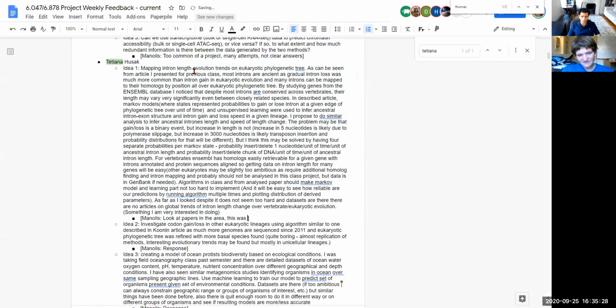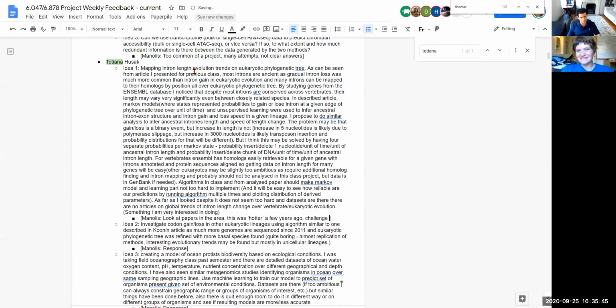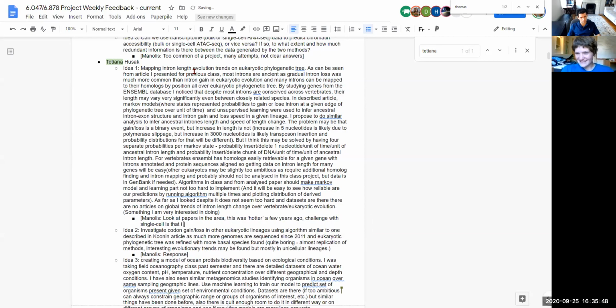This was hotter a few years ago. I didn't find any on intron length. I think there are pretty good ones on intron gain and loss, but not on intron length change. And most of them have a pretty narrow scope. Something like we take one genus of those fungi or those animals, and analyze through them, or we look at one gene across many species, but maybe that's a trend specific to the gene.